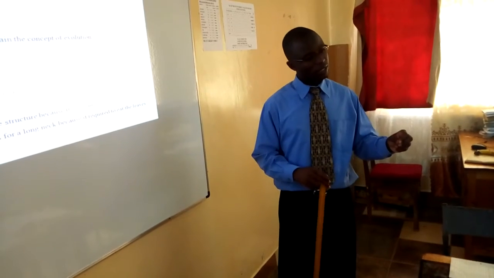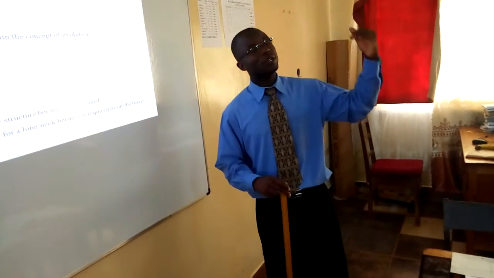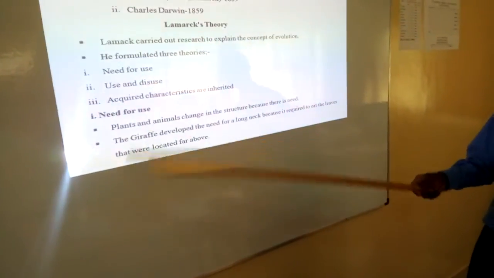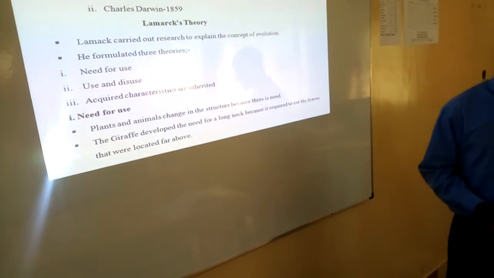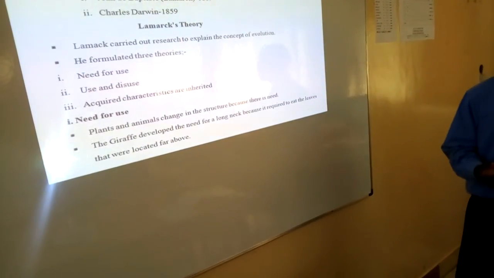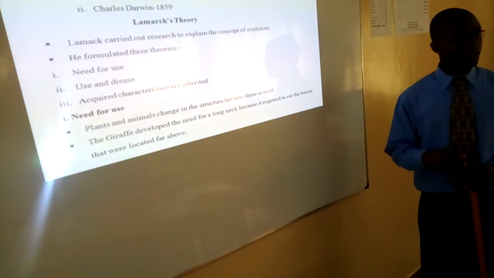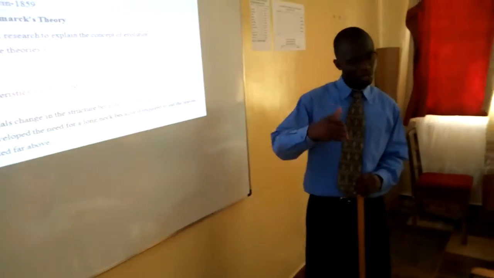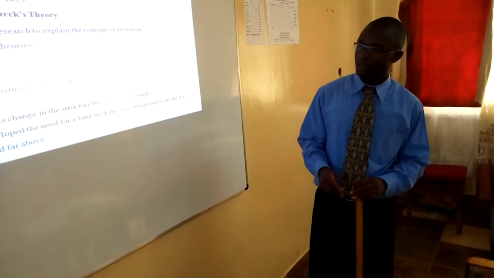That is need for success, therefore coming out of your way, and that means doing extra. Under need for use, he explained that plants and animals changed in structure because there is need, making them appear different in order to get whatever they want.